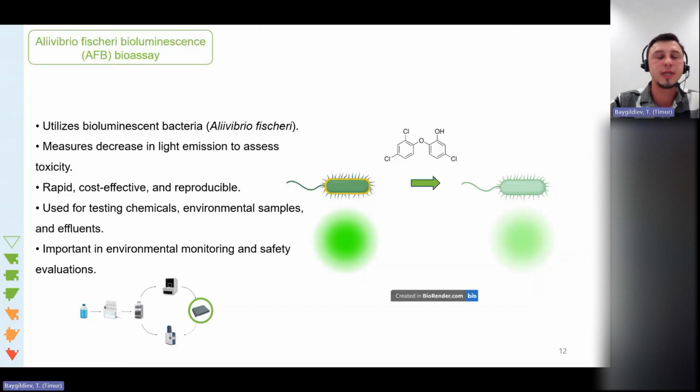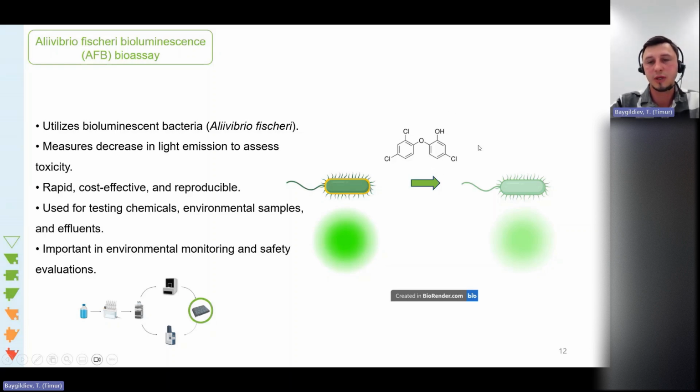The second assay that we applied is the Aliivibrio fischeri bioluminescent bioassay, or AFB bioassay. It utilizes the bioluminescent bacteria Aliivibrio fischeri, which when healthy emits light, and in the presence of compounds toxic to that bacteria, the luminescence is decreased because the well-being of the bacteria is also diminished.